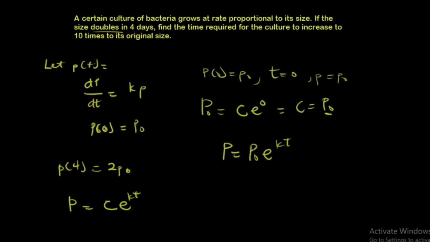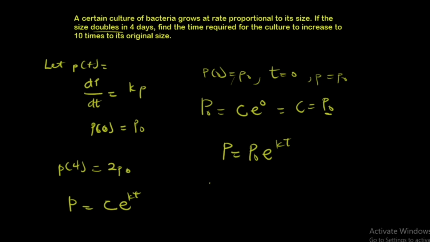Then in finding the k, we are going to use the additional condition given to us, which is that the size doubles in 4 days. That's also additional information that we're going to use. So from what we established, in 4 days the size would multiply itself by 2.